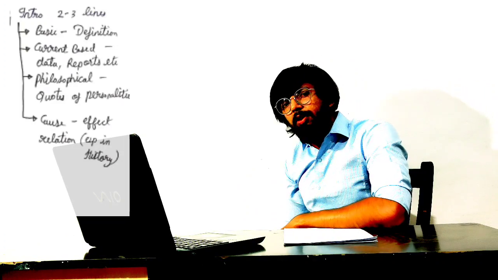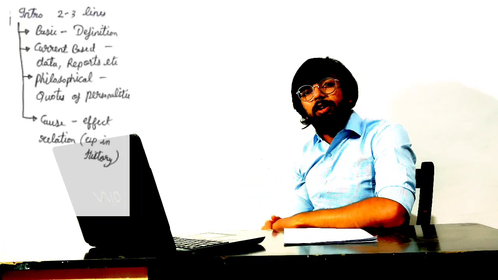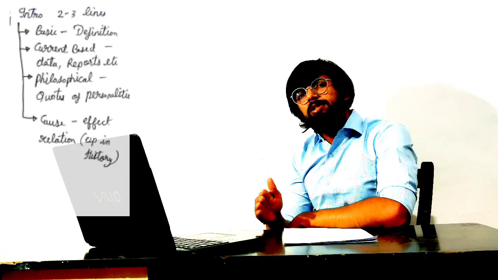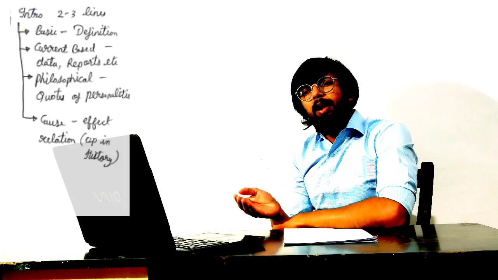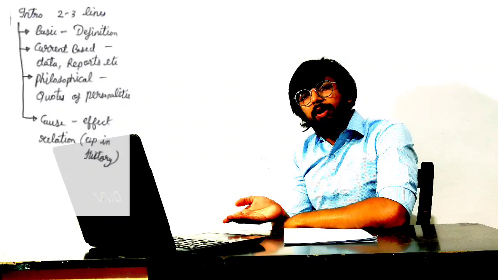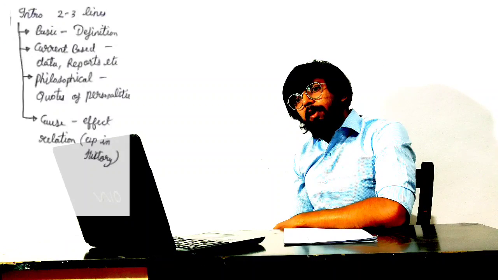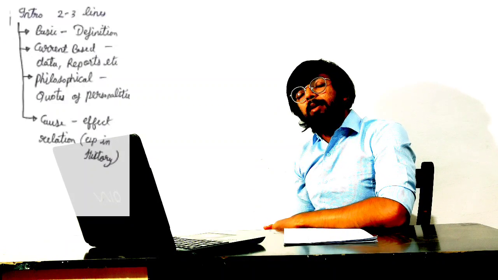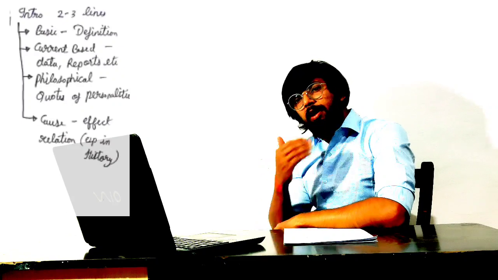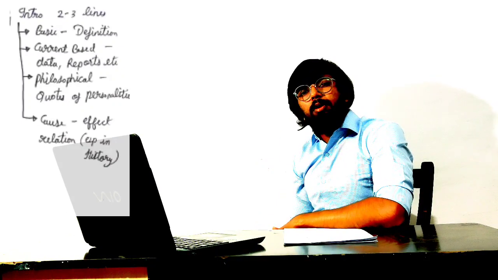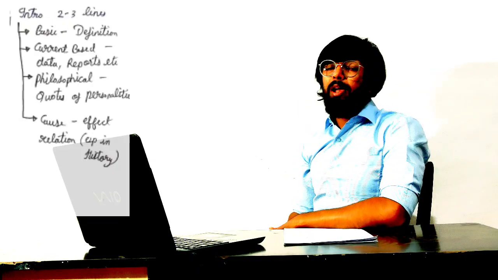The next type of introduction that you can have is cause-and-effect based. I will try to explain it with an example from history. A question that has been asked in the past also, and is a probable question: describe the market reforms made by Alauddin Khilji.